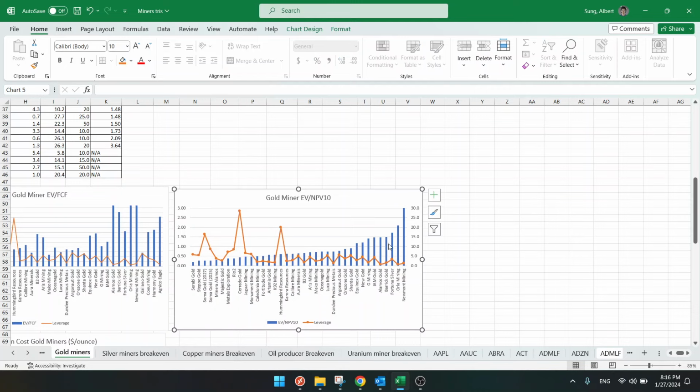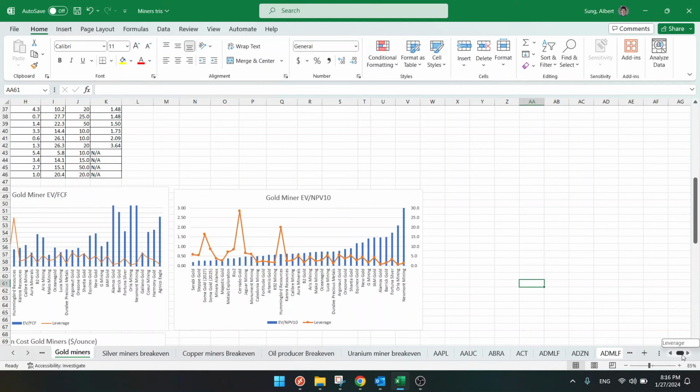Barrick Gold is here, one of the overvalued ones, Newmont Mining, Barrick Gold. So I think GDX is really overvalued. People say that GDX is undervalued. I'm saying that it's overvalued because it's mostly these big gold mines and they are overvalued, as you can see here. The undervalued ones are here and should be bought.